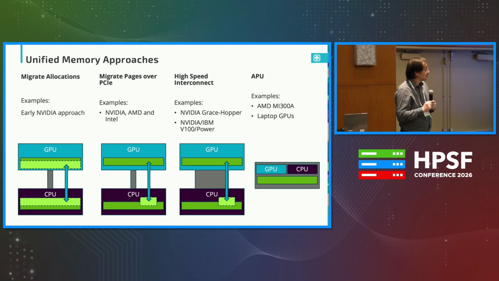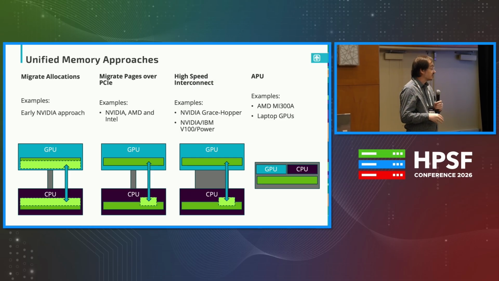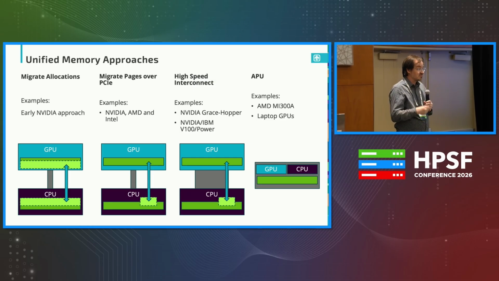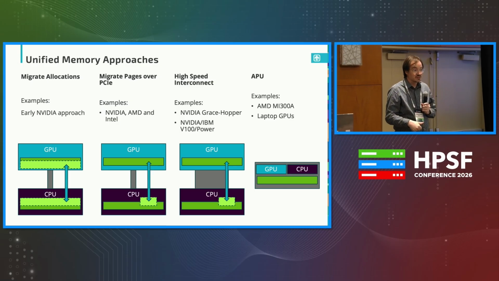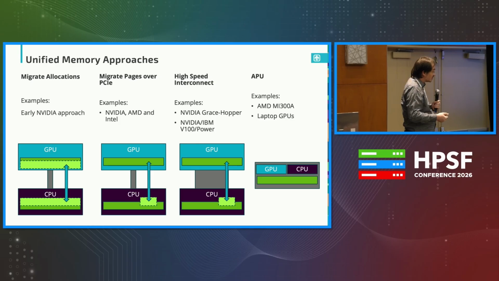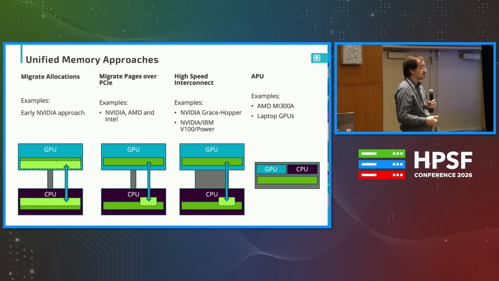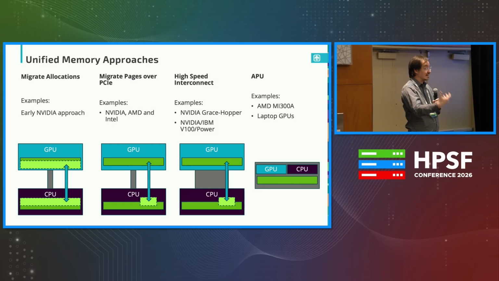The next one is unified memory on high-speed interconnect systems. The earliest one of that was the NVIDIA IBM system with NVLink in between. Now the most prominent example is Grace Hopper. So you have the ARM Grace CPU and you have a GPU, and you actually have a dedicated link between it.